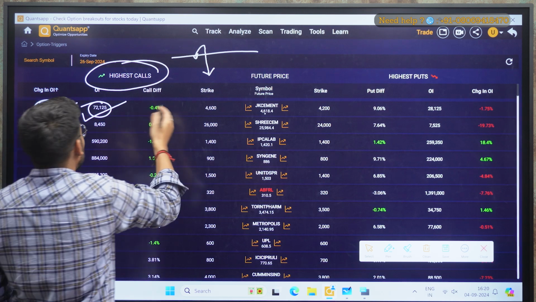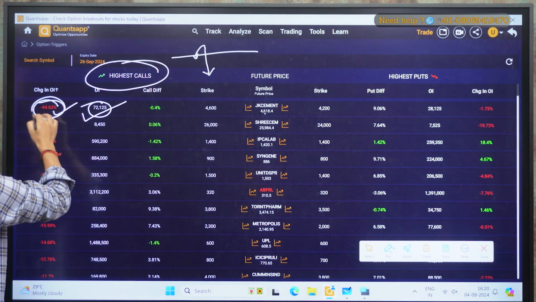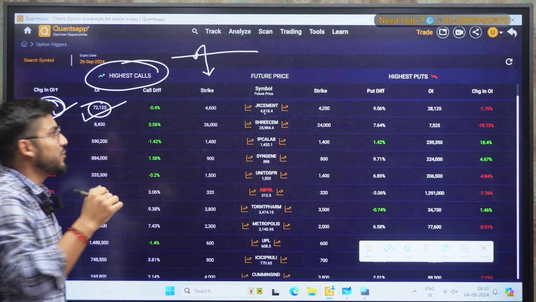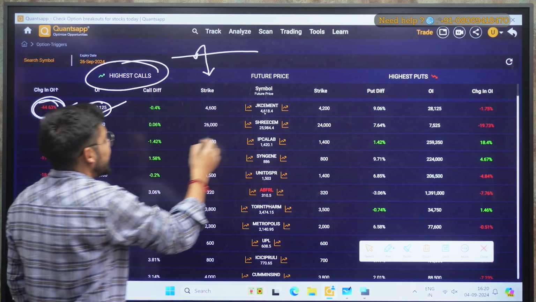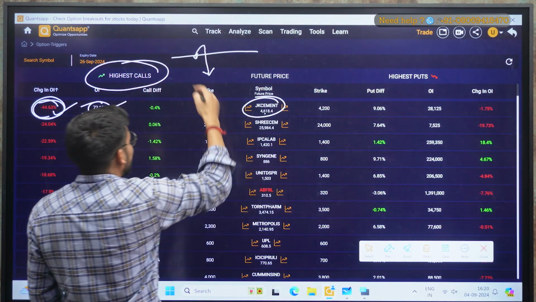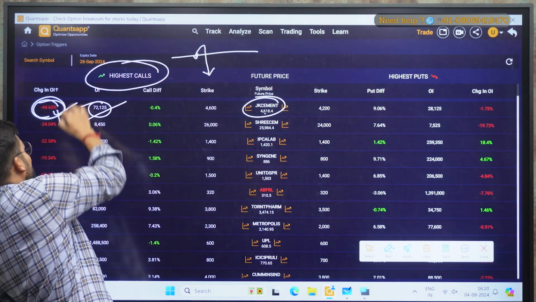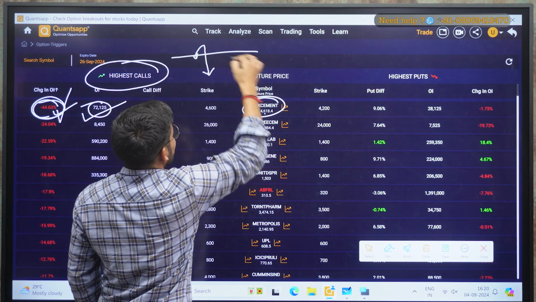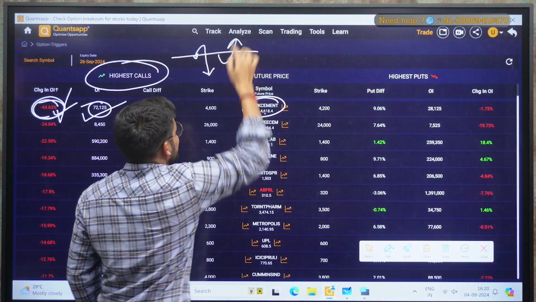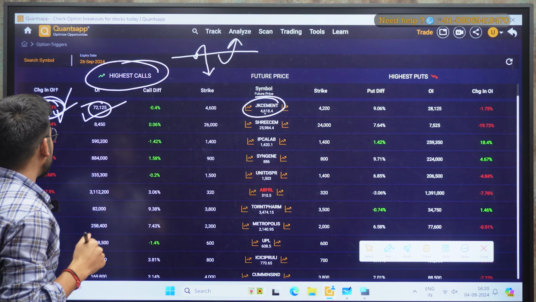Now if there is a negative change of approximately 45%, it means JK Cement will not go in the negative direction, but with this huge number, JK Cement can actually go in the bullish direction. That is what it shows.